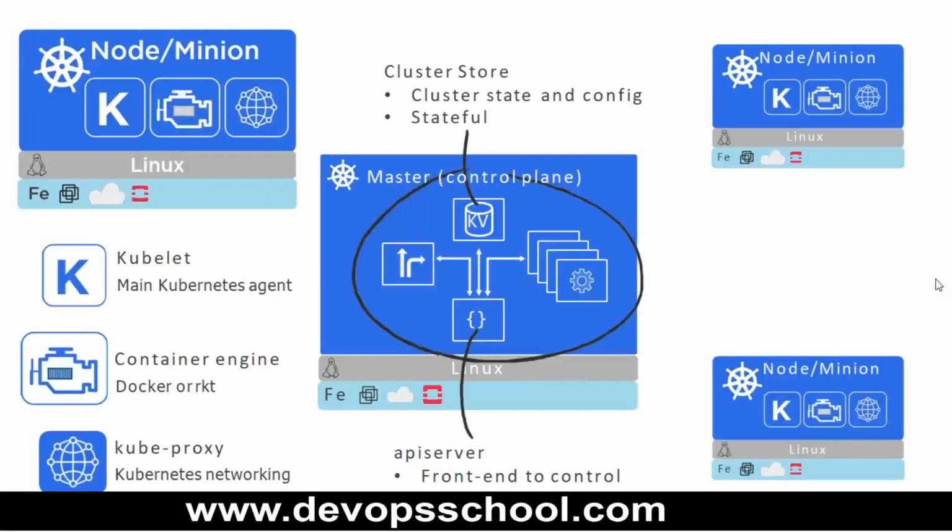So kubelet has to be there. Now, who gives the IP address to the pod? Kube proxy. So Kube proxy also has to be there. Now your pod has a what? Container, which is powered by a container engine like Docker. So yes, Docker has to be there. So basically, yes, I did say master has 4 important components, but each component is powered by kubelet, container engine, and Kube proxy also has to be there in the master.